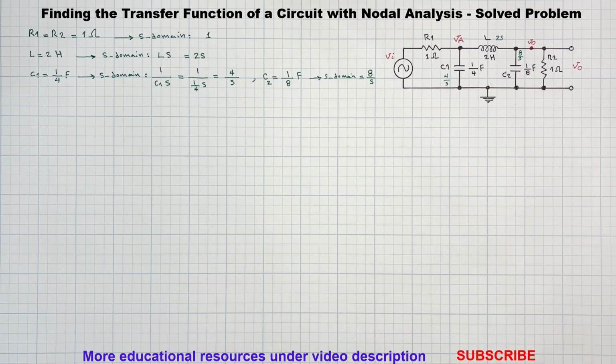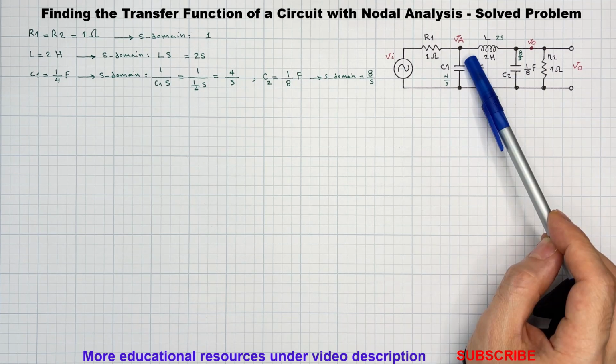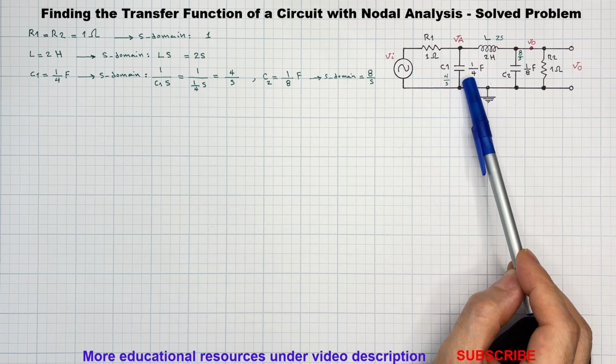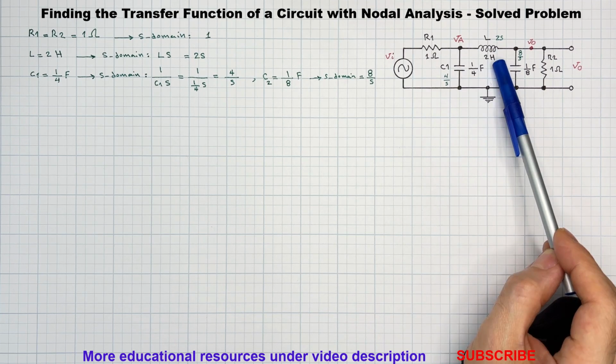Next, we will apply Kirchhoff's current law to write nodal equations. At node A, 3 currents leaving the node are through the 1 ohm resistor from the source, through the 4 over S capacitor, and through the 2S inductor toward the output.